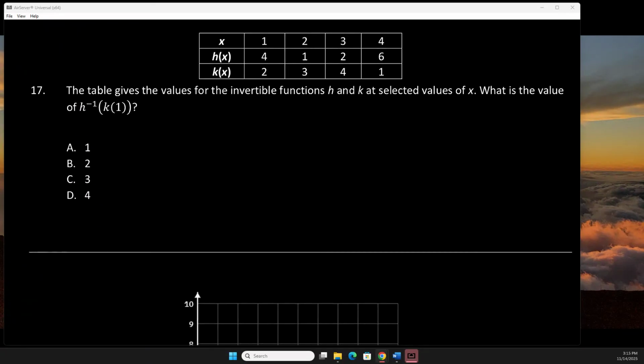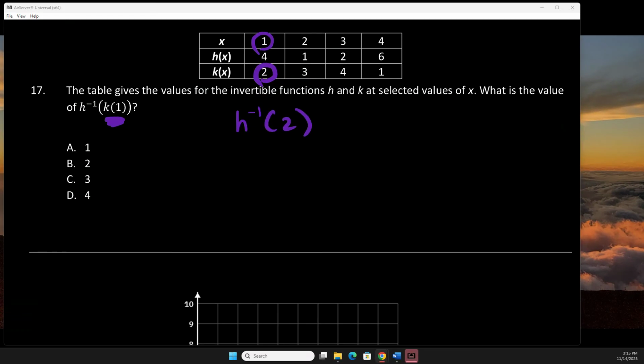All right, and then number 17 is a composition involving inverses, so it is a little bit more difficult. So we're going to do h inverse of k of 1. So starting with k of 1, just the x is 1. What's the value of k? That's going to be 2.